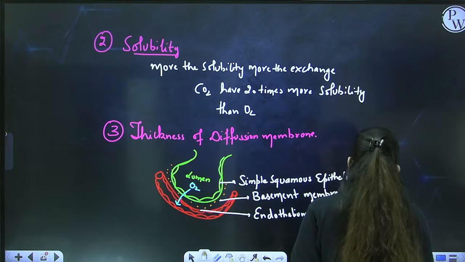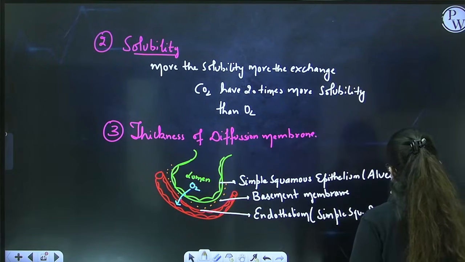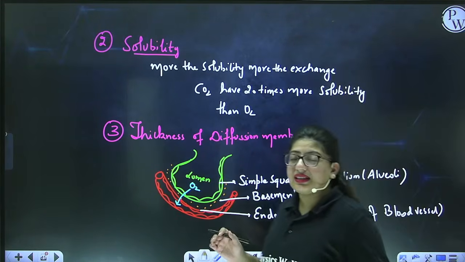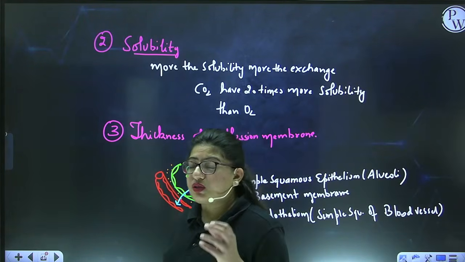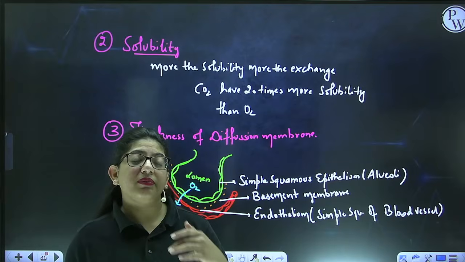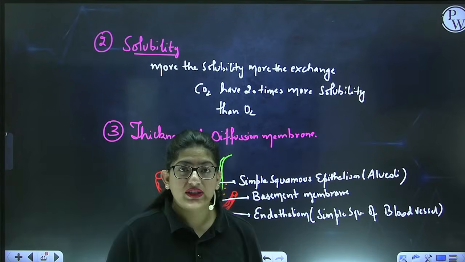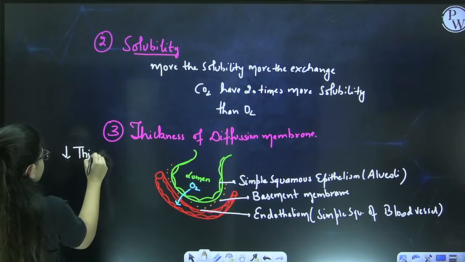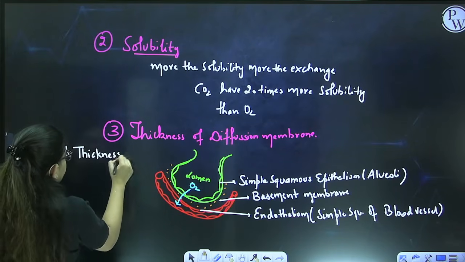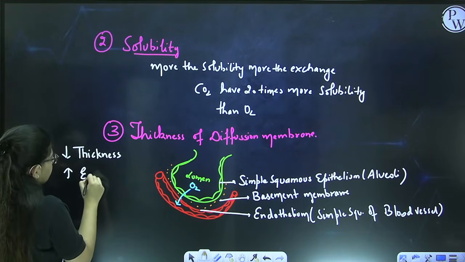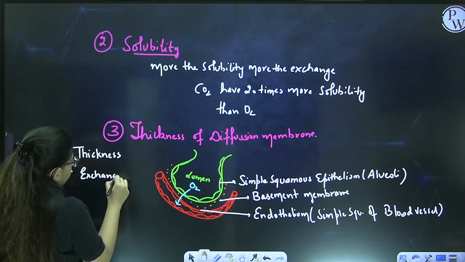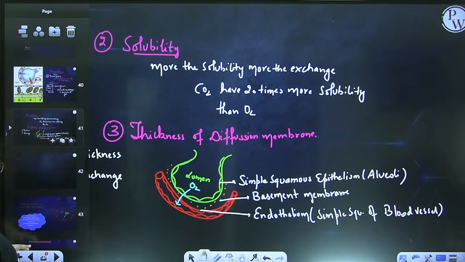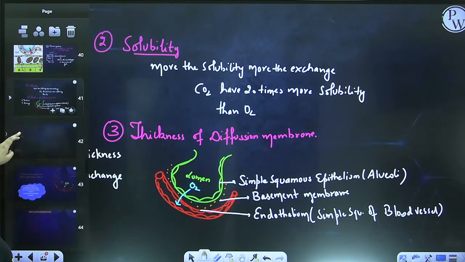So these three layers form your diffusion membrane. The more the thickness, the more time it takes for gases to get exchanged. So less the thickness, more the exchange.